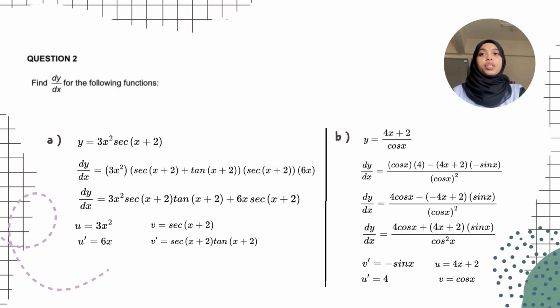For v equals cos x and v prime equals minus sin x. So we substitute into the formula until we get the final answer. But before we get the final answer, we need to make sure that we simplify it. So for this question, the answer is (4 cos x plus (4x plus 2) sin x) over cos squared x.